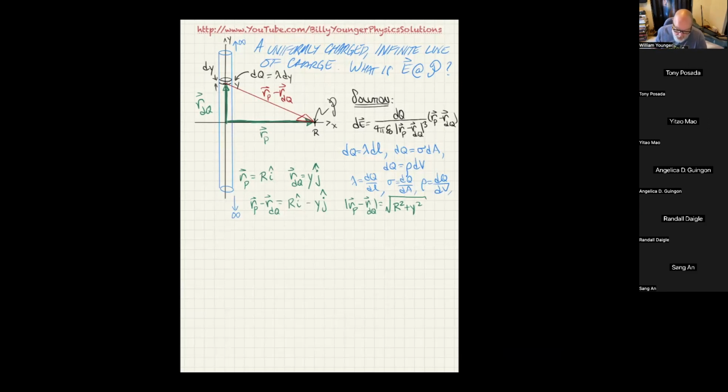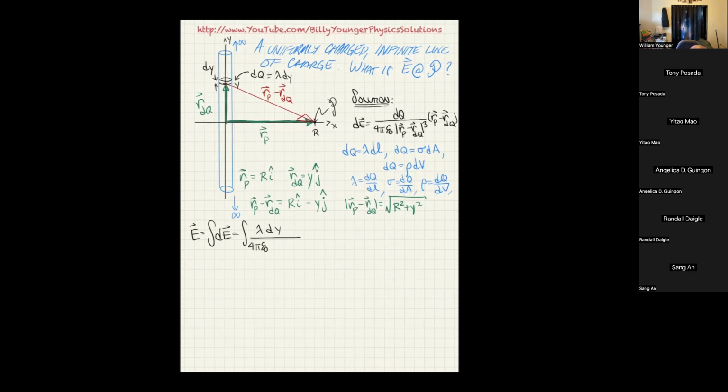So now we have all the parts. Now all I've got to do is write my solution. I was using black to write it. So I'm going to say E, the electric field, is equal to the integral of dE, the differential electric field, which I'm now going to write out with an integral. And the dq we decided was lambda times dy. And then all of that's going to be over 4 pi epsilon naught.